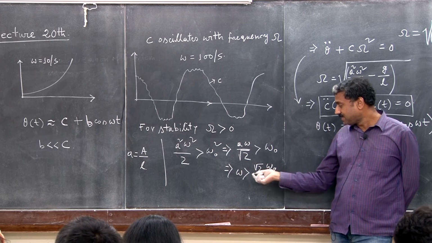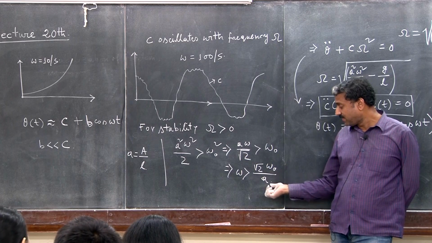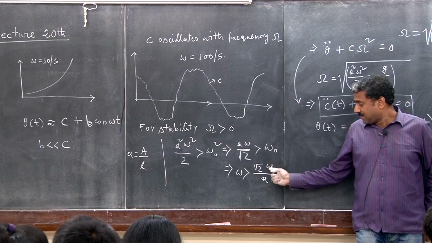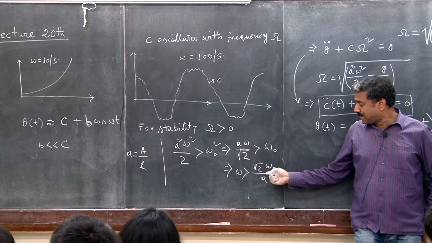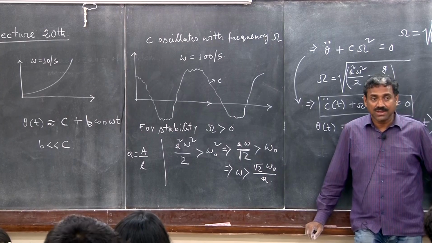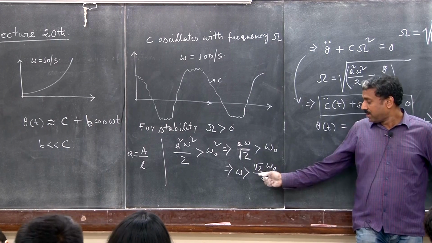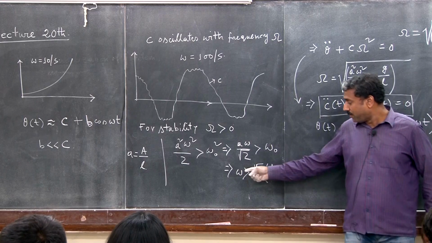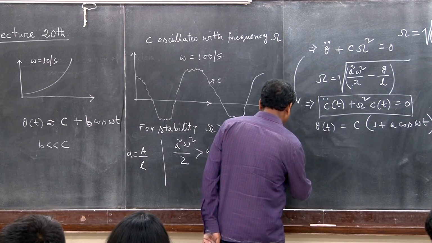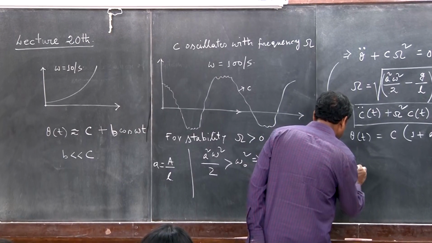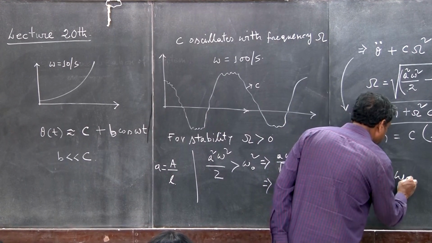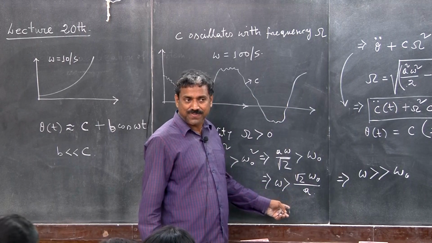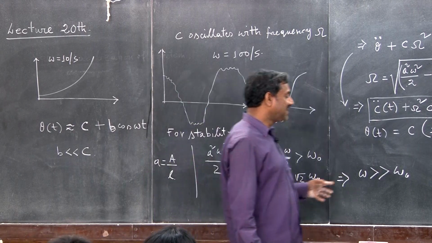So omega 0 divided by small a is a large quantity, so omega will be even further increased. If you remove this a, then if omega is greater than root 2 omega 0, that clearly means omega has to be much greater than omega 0. Clear? So that is the condition needed.